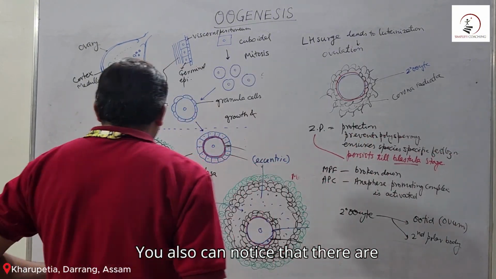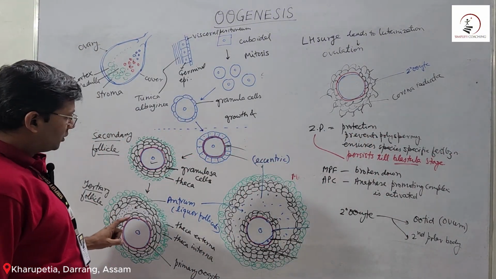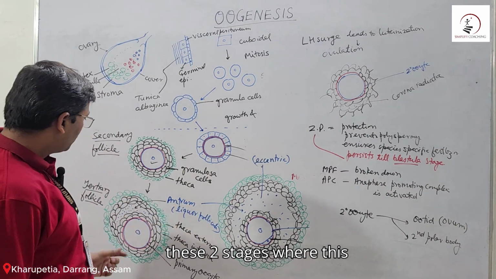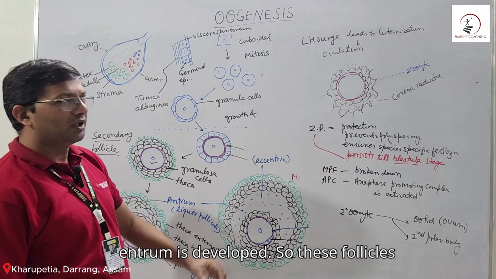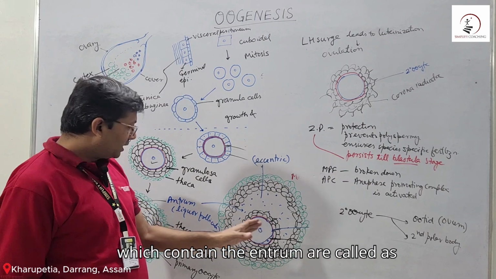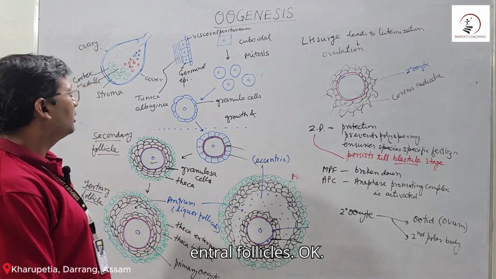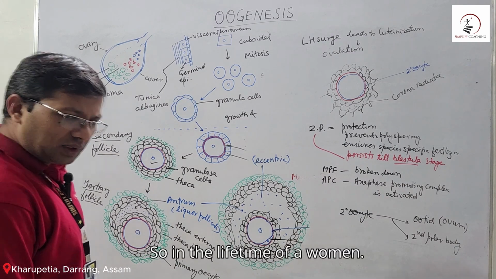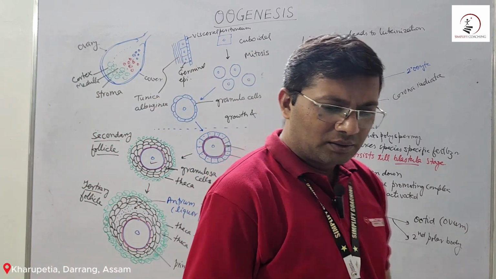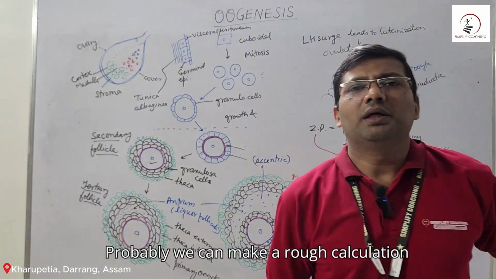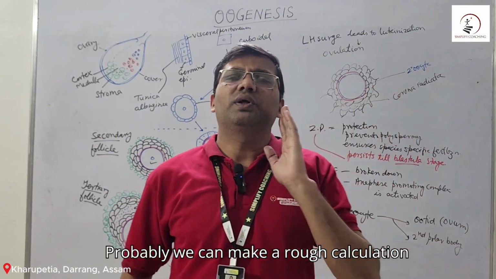You can also notice that there are these two stages where the antrum is developed. So these follicles which contain the antrum are called antral follicles. Okay. So in the lifetime of a woman, we can make a rough calculation.